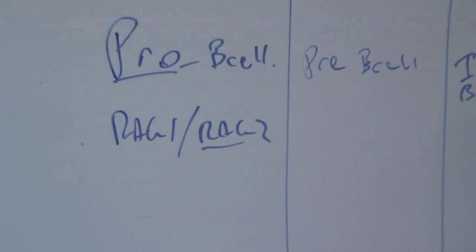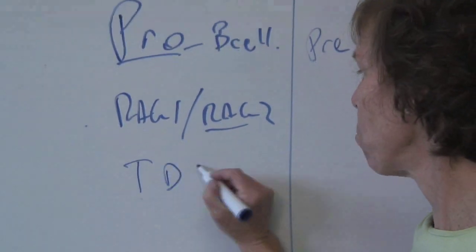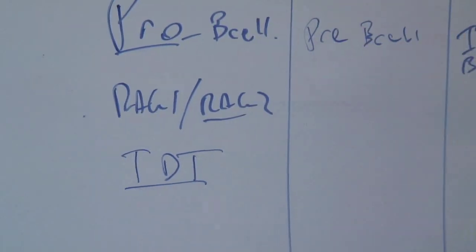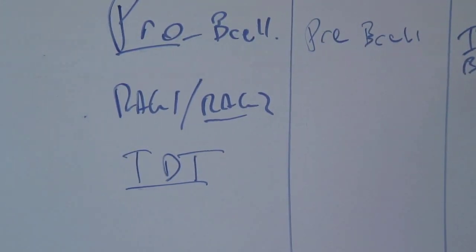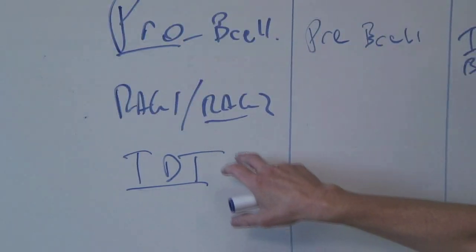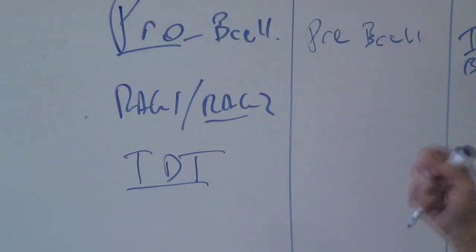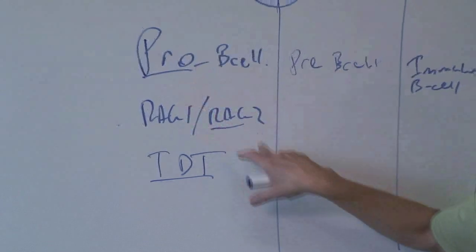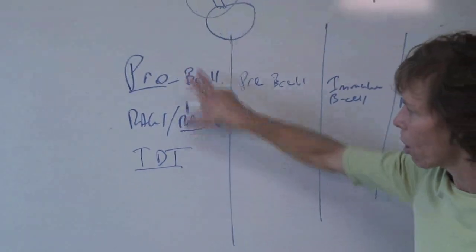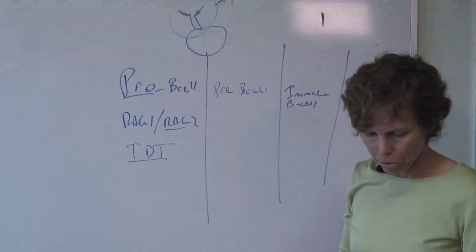Another way that you can do it is you have this particular guy here, this TdT, which stands for terminal deoxynucleotidyl transferase, and that's another way to essentially insert your nucleotides into this equation to shuffle again the cards with regard to this receptor.